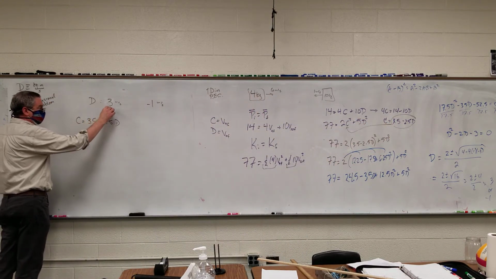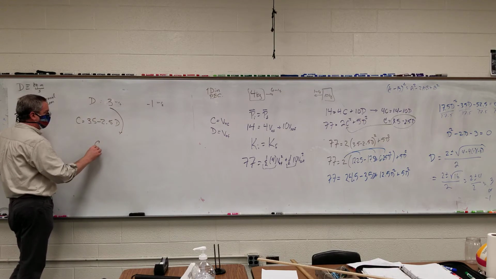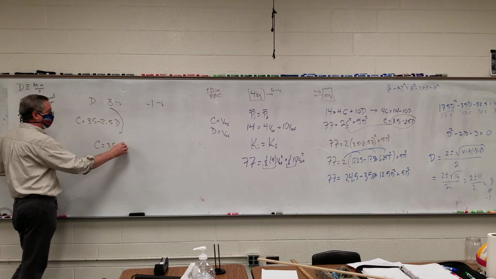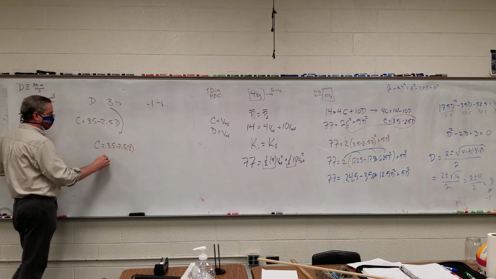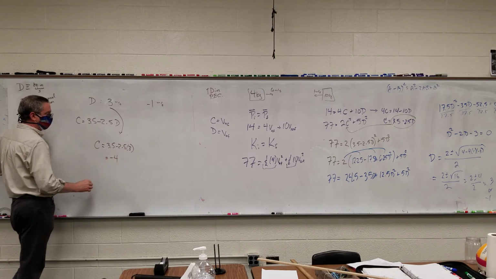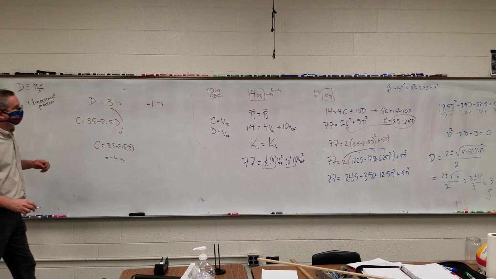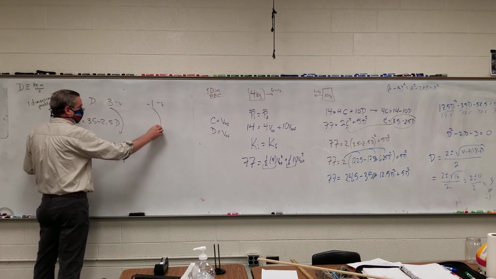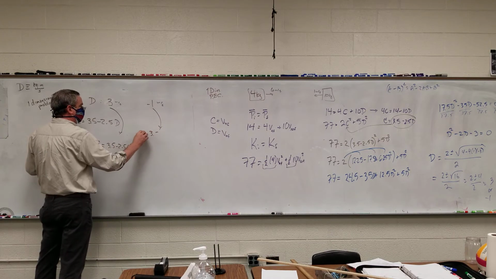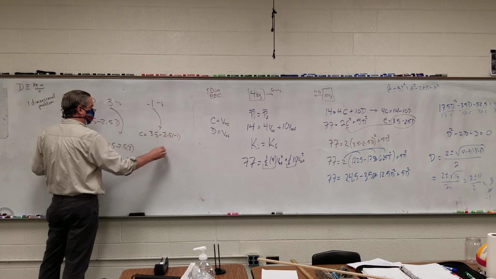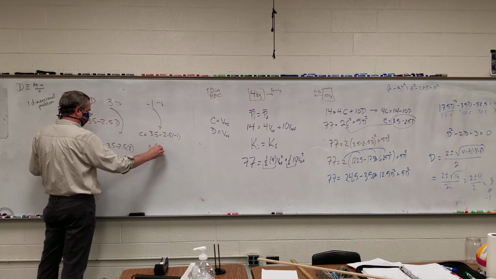And so when D is equal to 3, C equals 3.5 minus 2.5 times 3, which is negative 4 meters per second. And if D is negative 1, C is 3.5 minus 2.5 times negative 1, which is 6 meters per second.